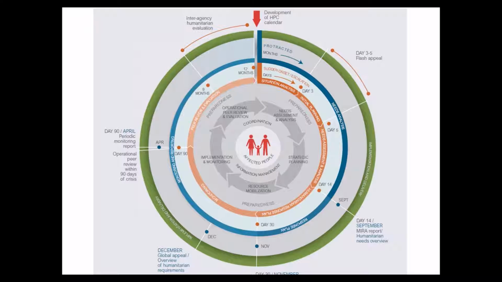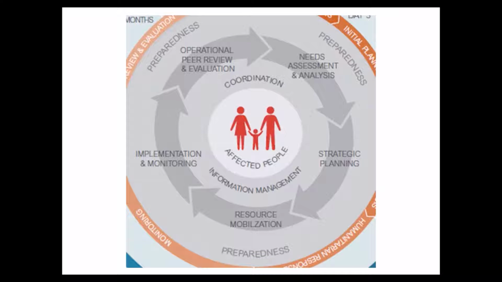It does provide a way for us to look at the situation. So this is the more in-depth component of it. What you can see there is that there are 6 key elements in the cycle. We've got emergency response preparedness, which is around the outside, the needs assessment and analysis, which is the first component on the arrow here, and then the strategic response planning, which is now also the humanitarian response planning.